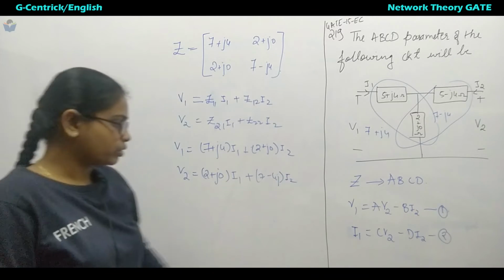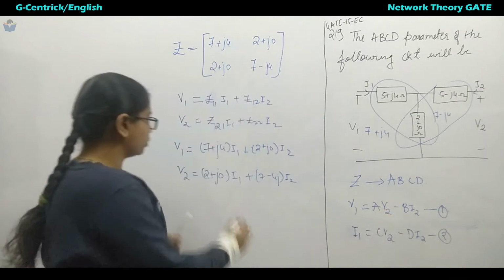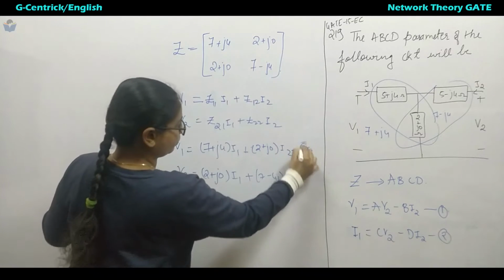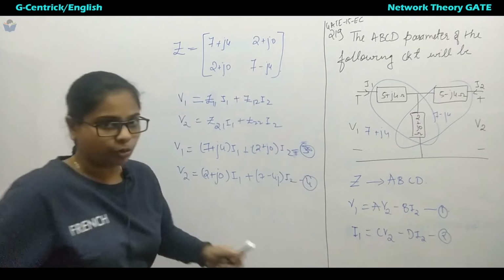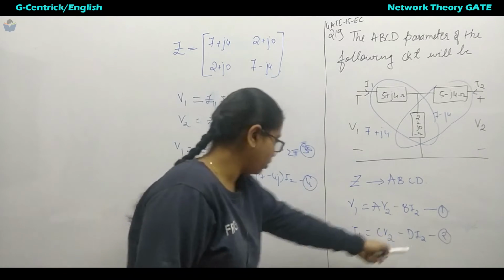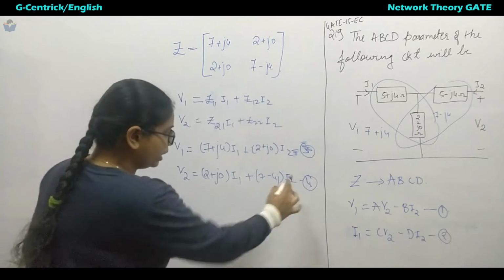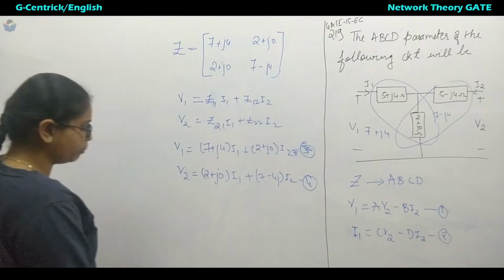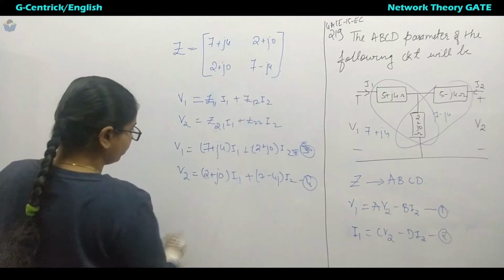Now we also want V1, V2, I2. So let us take this as equation 3 and this as equation number 4. We come to the second equation first, with I1, V2 and I2. If we rearrange this one, we will directly get our C and D parameters. So we want it in terms of I1.